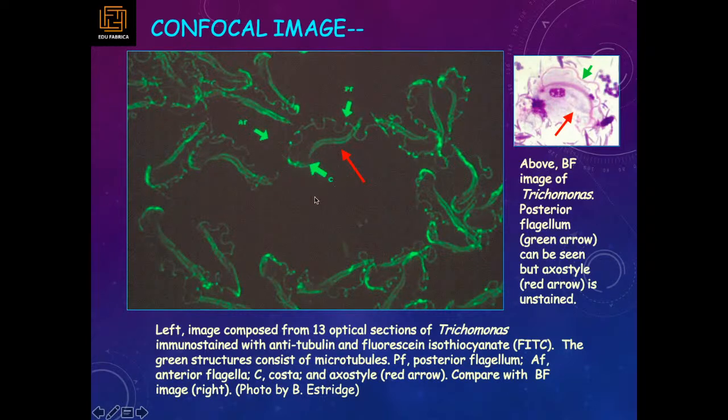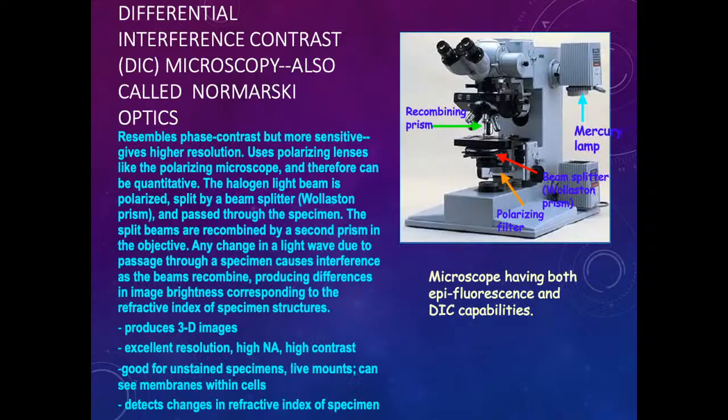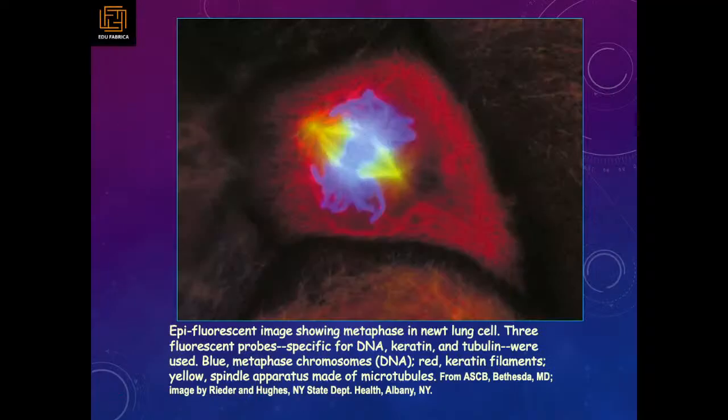C is your costa and axostyle, the red arrow. So they are compared with the bright field image to the right. So these are the photos given by the B. Estridge. And remember, whenever we are taking any image, I didn't give the references here.